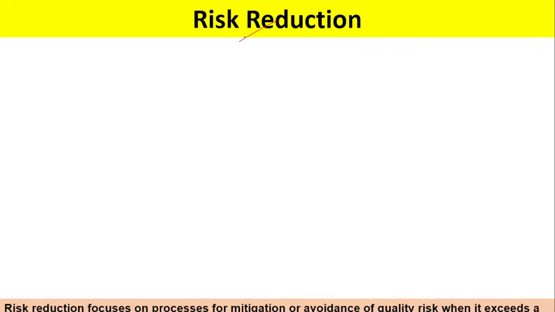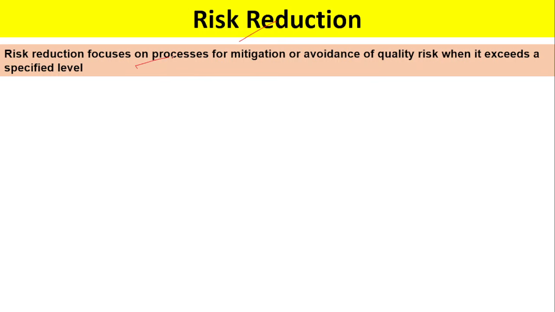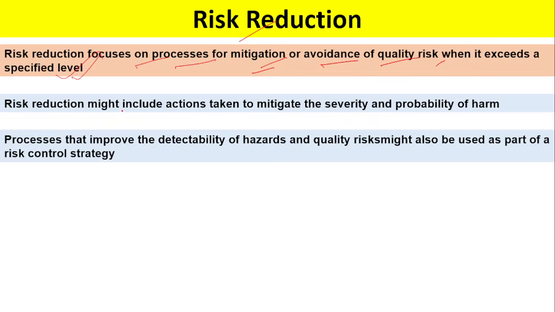Risk reduction. Risk reduction focuses on a process for mitigation or avoidance of quality risk when it exceeds a specified level. Risk reduction might include actions taken to mitigate the severity and the probability of harm, processes that improve the detectability of the hazards, and quality risks might also be used as a part of risk control strategy.